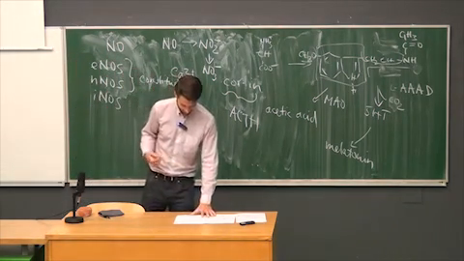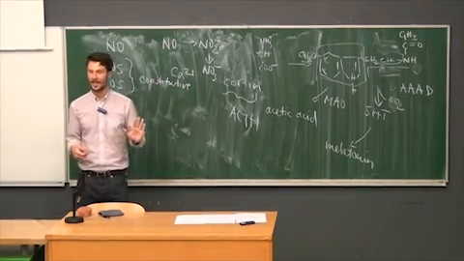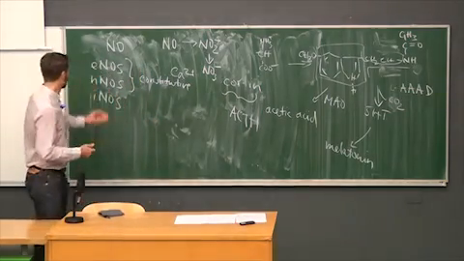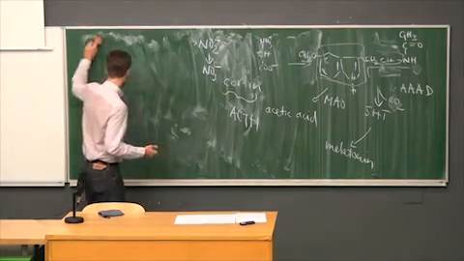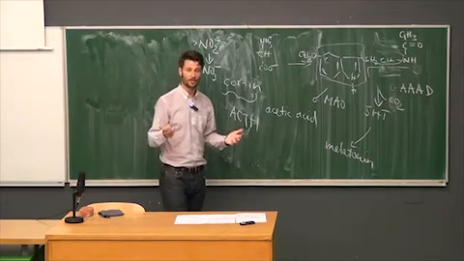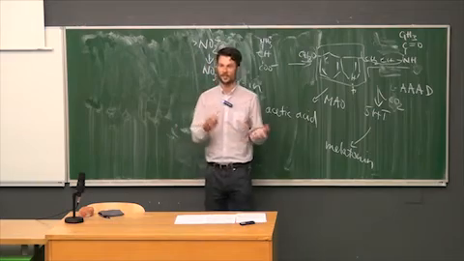Last two things. Cannabinoids, endocannabinoids. We're not going to spend a lot of time with cannabinoids, just to say, well, obviously, delta-9 THC, tetrahydrocannabinol, which is in marijuana, needs to have some receptors to bind to.